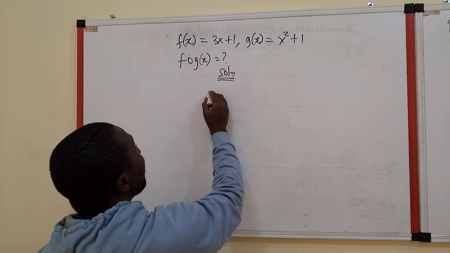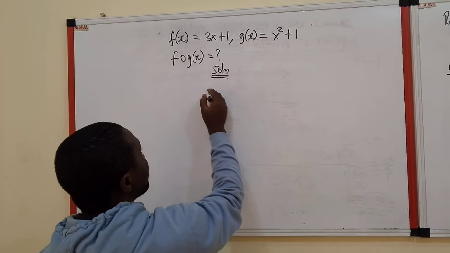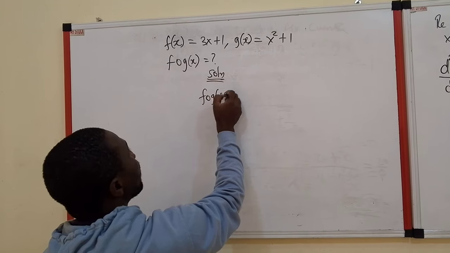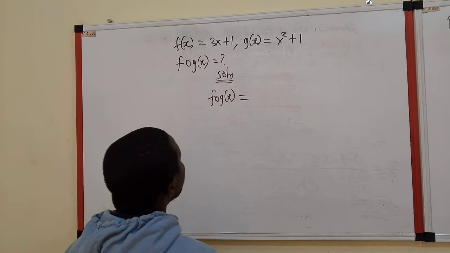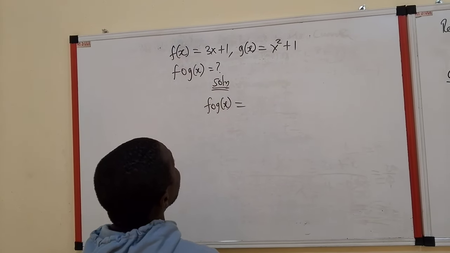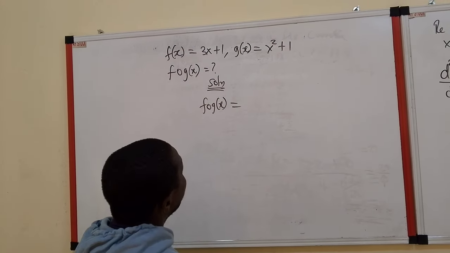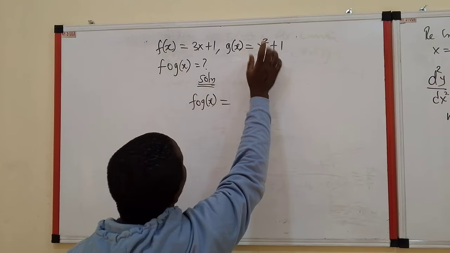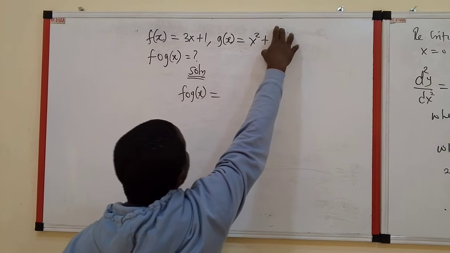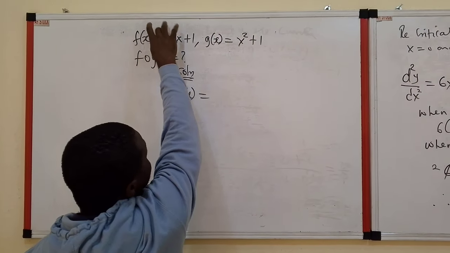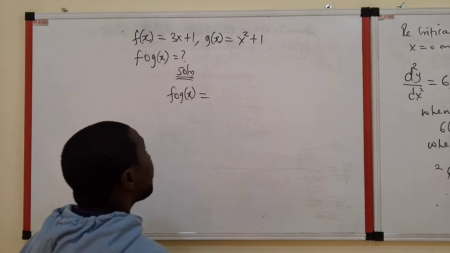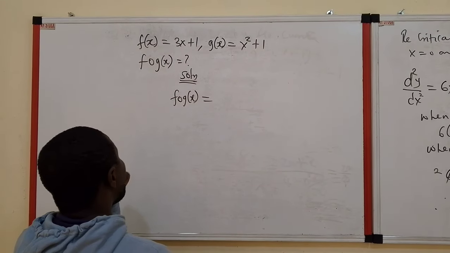Our f of x is given, our g of x is given, so f o g x simply means you put g of x inside f of x. Anywhere you see x in f of x, put the whole of g of x.